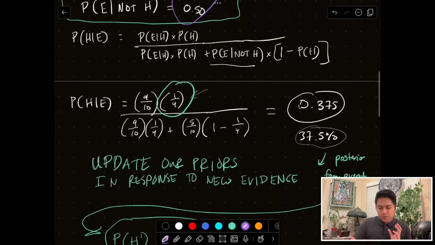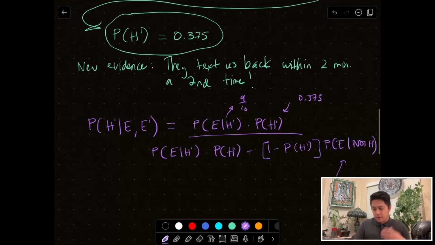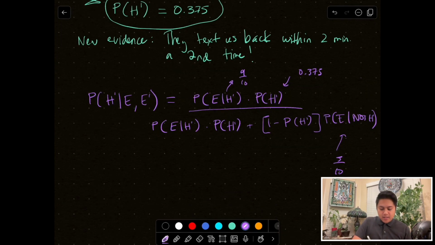So again, if we assume that this is 9/10 and we assume that this is 5/10 and this is 0.375, that's our new prior. Our new posterior, our updated posterior, is actually going to equal 0.52, just about.